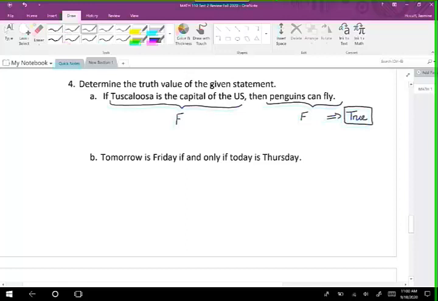Remember, for the if P then Q statements, the only combination that would result in false is if you had T and then F. So it's a little weird, but that is true. And in fact, something that we discussed before is that if P is false, if that first statement is false, then if P then Q is automatically going to be true.